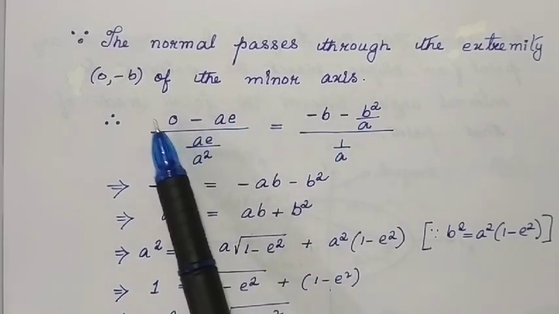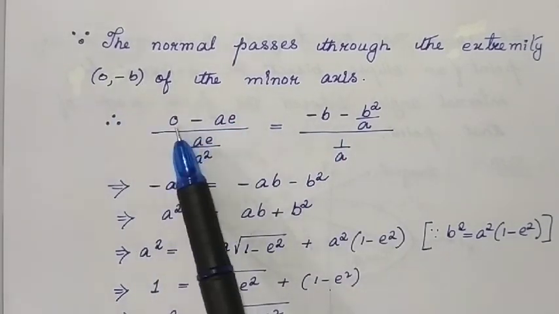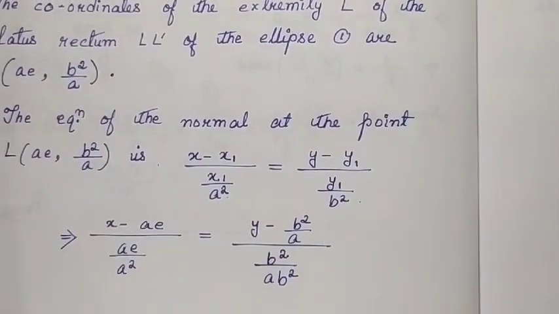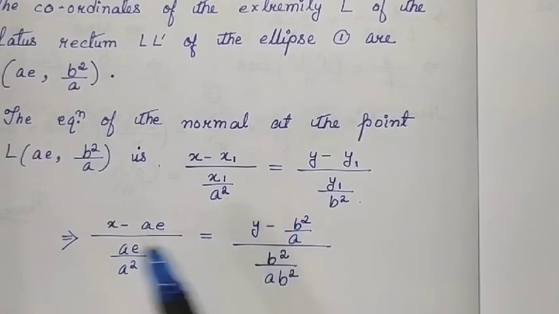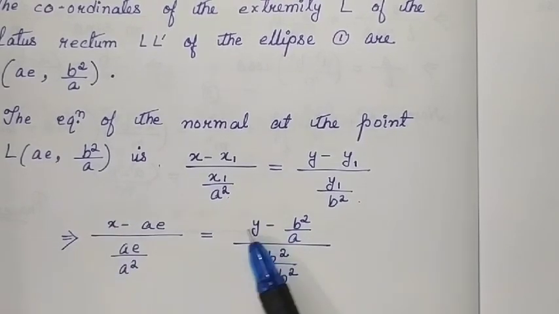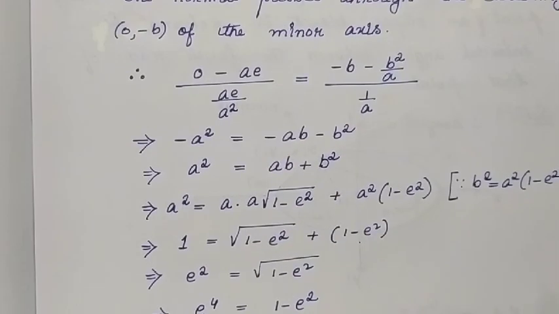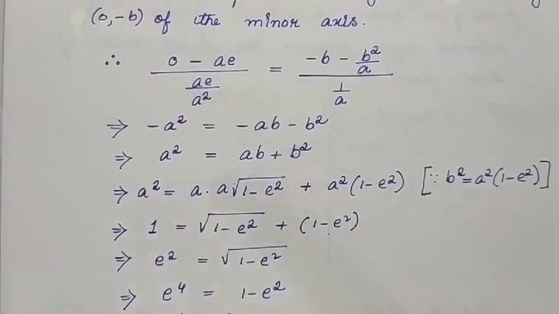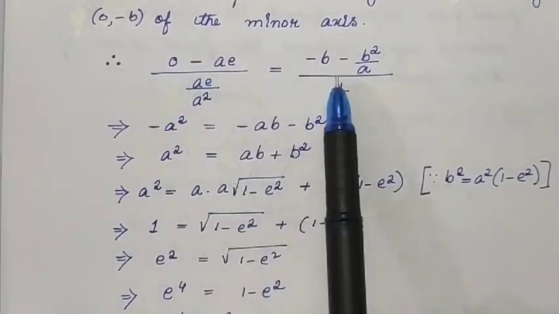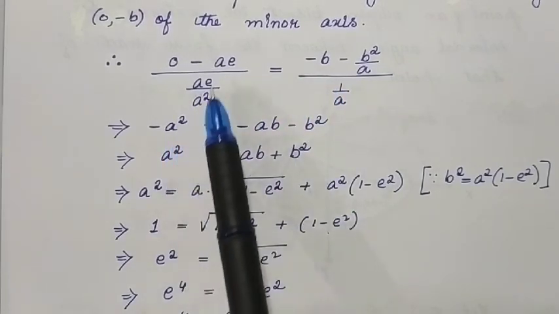The normal equation was this one. See here, can you see? This was the normal equation. x will be 0, and in place of y we will put minus b, and then we will simplify it. We will get our answer. See here, I have put 0, minus b. So let us simplify this one.